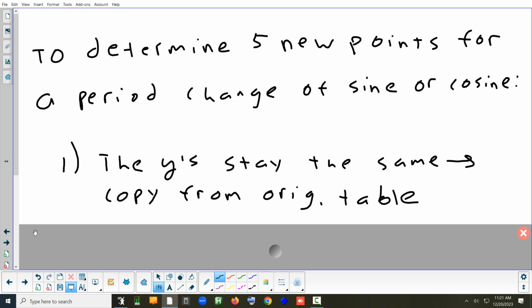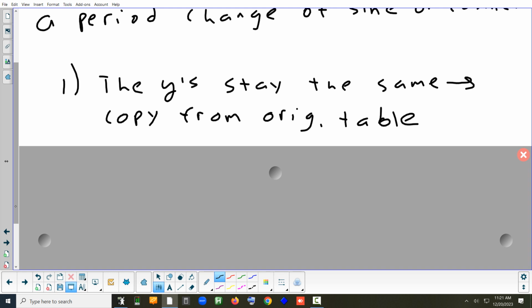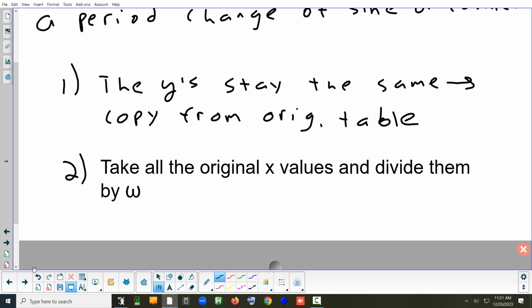So you're going to copy down your y values from the original table. And how do you get your new x values? You're going to take all the original x values and divide them by b. Now, sometimes b is a fraction, so instead of dividing by a fraction, I might multiply by the reciprocal. But that's how you do it. Take the original x's and divide by b.